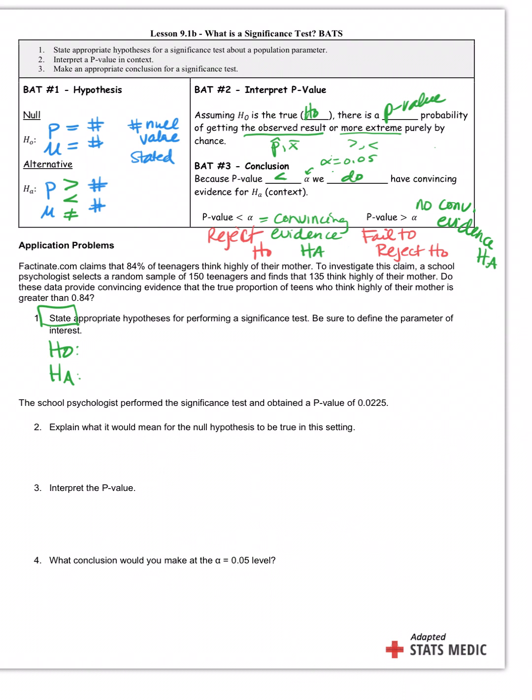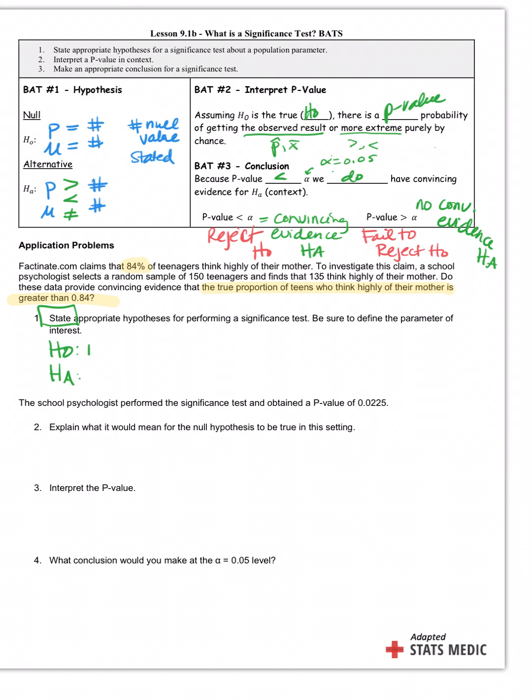Now, as you look at this question, you might want to start circling, highlighting, whatever. Is this a proportions question or a means question? How do you know? It says true proportion. There's a lot of clues in here, right? True proportion, and it tells you the claim is 84%.